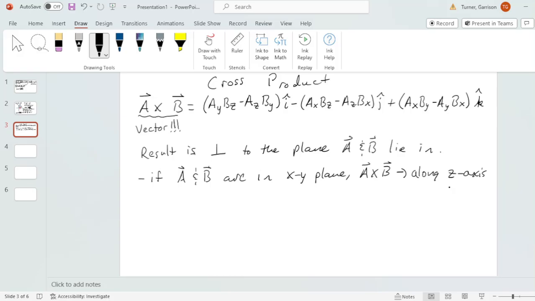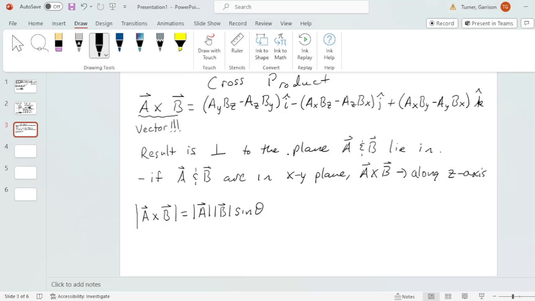Okay, but A cross B also has a similar type of equation that the dot product does, but this time it's the magnitude. Because A cross B is a vector, what we say is that the magnitude of A cross B is equal to the magnitude of A times the magnitude of B times the sine of the angle between them. Okay?